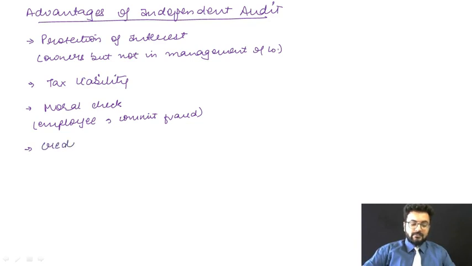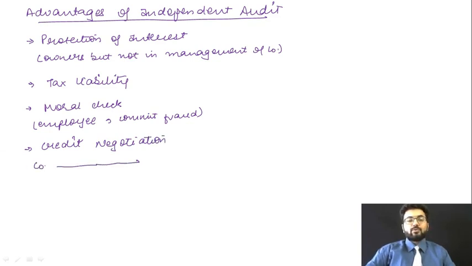Credit negotiation. When it comes to a company, it would approach banks many times because every company needs money to run their business, and they will be given many options from banks: working capital loan, PCFCs, letter of credit, and many other things as well.